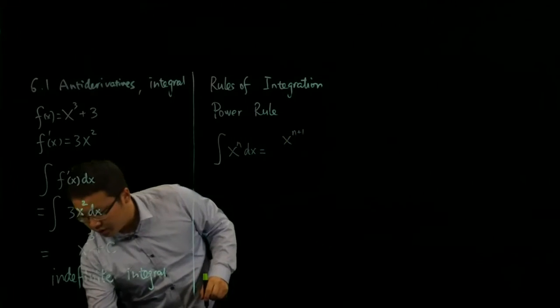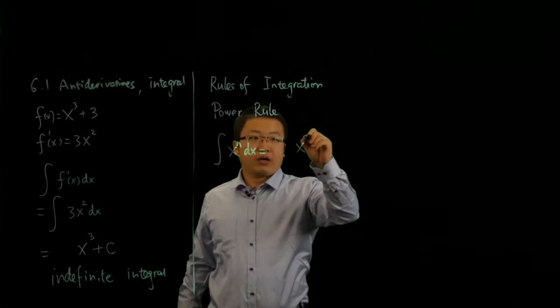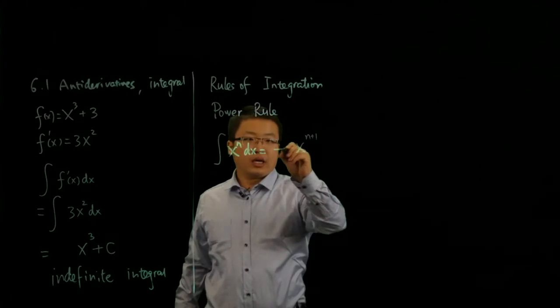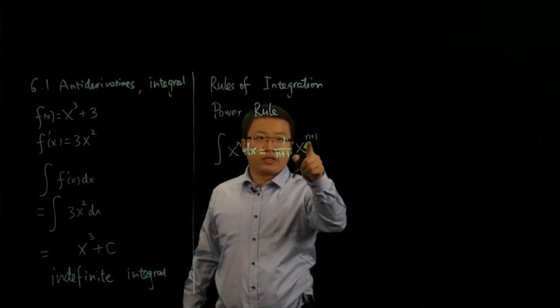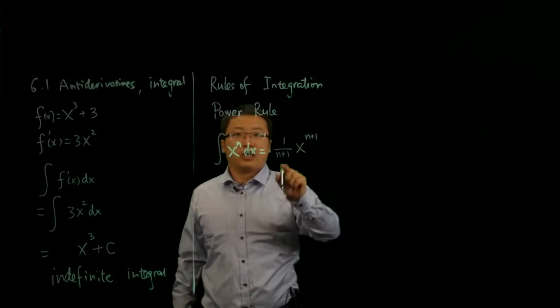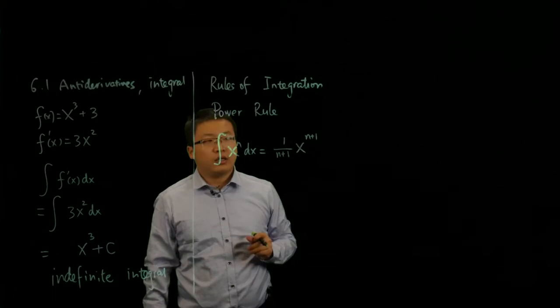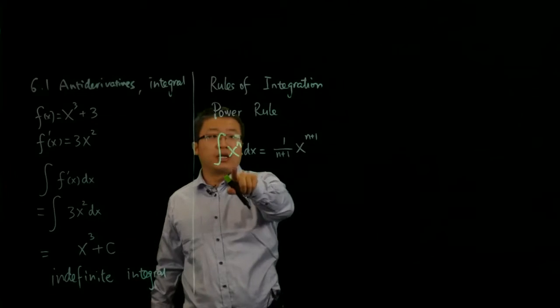Let me rewrite this. That's going to give you x to the power of n plus 1, and you have a balance factor 1 over n plus 1. So that when you take a derivative of this, bring to the front, this coefficient cancels, and the exponent n plus 1 minus 1 becomes x to the n.